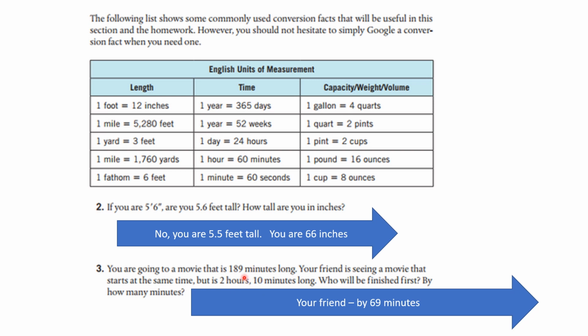So you take the difference between 130 and 189, and your friend is actually, this should be 59, not 69. So just correct that in your notes. This is 59 minutes long. Your friend finishes first, and you will be there 59 minutes later.